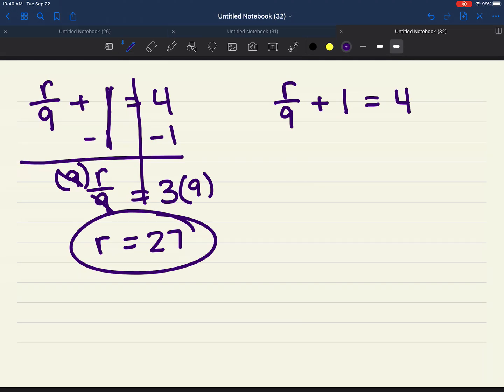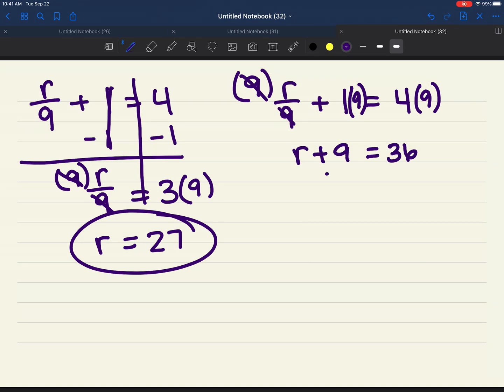So a lot of times people see this type of problem and say to multiply by 9 first. Is it possible to do that? Yes, it is, but you have to be careful. If I choose to multiply by 9, where else would you need to multiply by 9? 1 times 9. What else? 4 times 9. If you choose to do that in the first step, every single term has to get multiplied by 9, right? Because then you would get r plus 9 is equal to 36, subtract 9, and you get r is equal to 27.